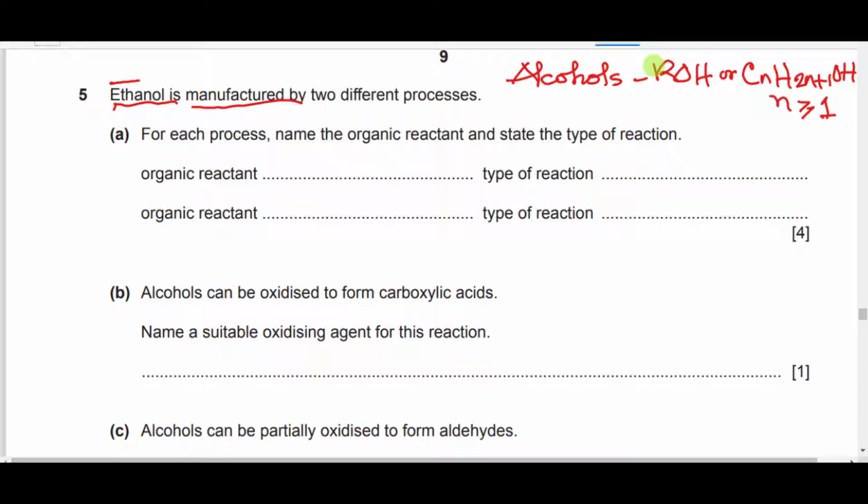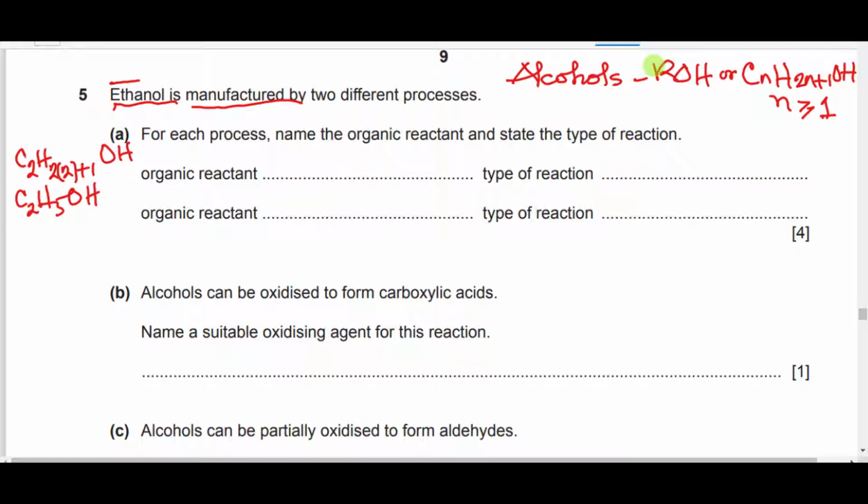It means that n for ethanol is 2. So the formula for ethanol will be C2H(2 into 2 plus 1)OH. That gives us C2H5OH.